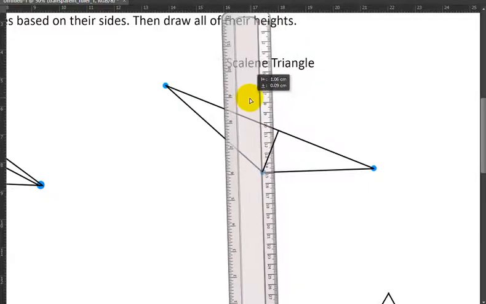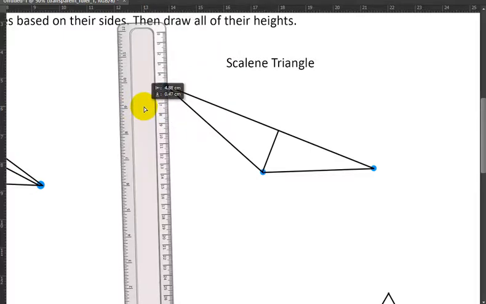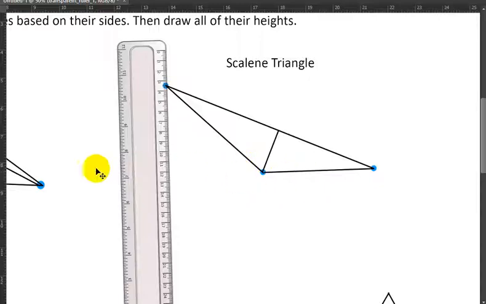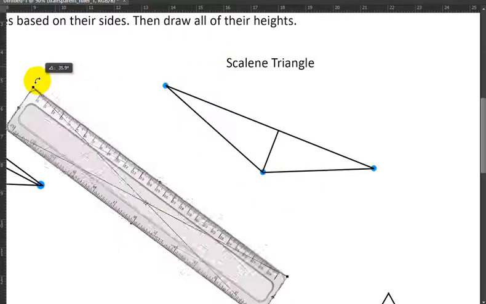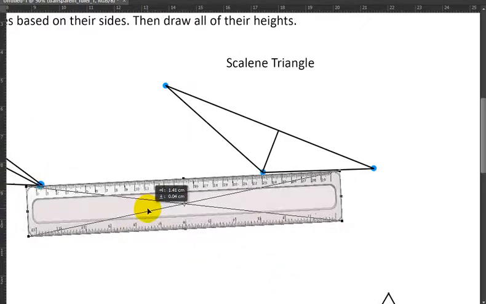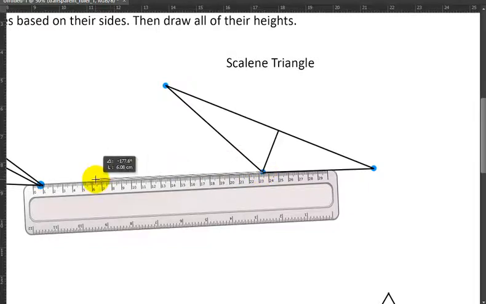If I move my ruler this way, you see that in order to reach that blue point right there, I need to leave this line. I'm no longer in the line. So I'm going to need to project the line this way. And we don't need to make it too long, just as long as it passes this point.